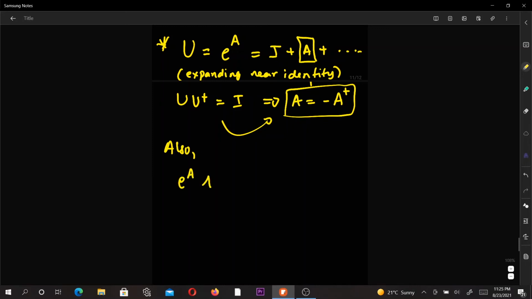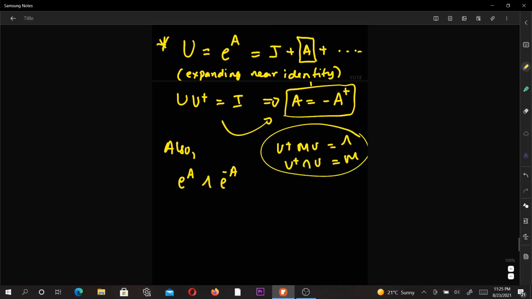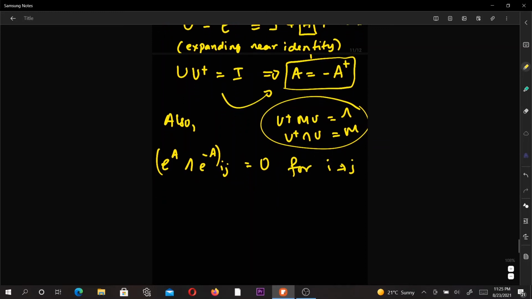So since you have expanded this, U dagger M U, or U dagger equal to M, so whatever you're dealing with, is zero for i not equal to j. It's obvious, right? Because its off diagonals are 0, and this is a constraint.